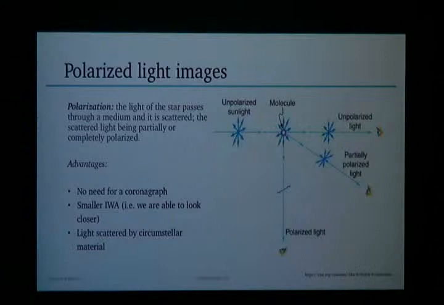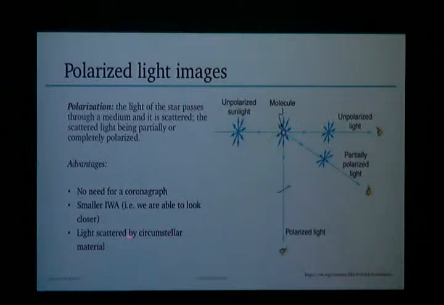Some other advantages of polarimetry is that you don't need a coronagraph in general, because usually the stellar light is mainly unpolarized, so you get rid of it without using a coronagraph. And this brings this other advantage, which is a smaller inner working angle, meaning that you can get much closer to the star because you don't have the coronagraph there.